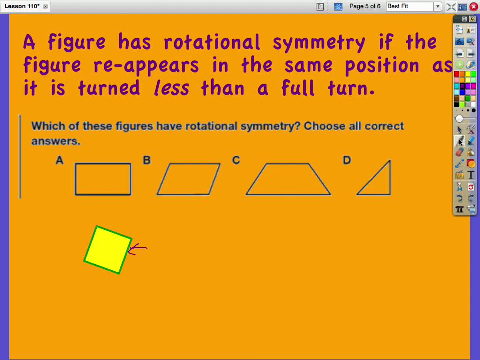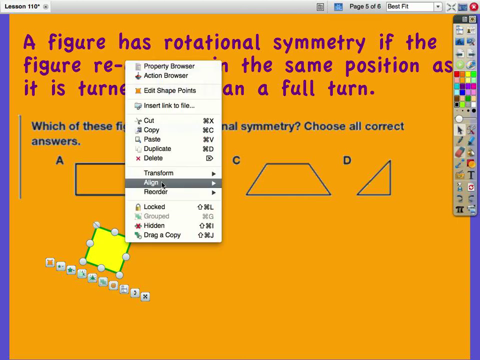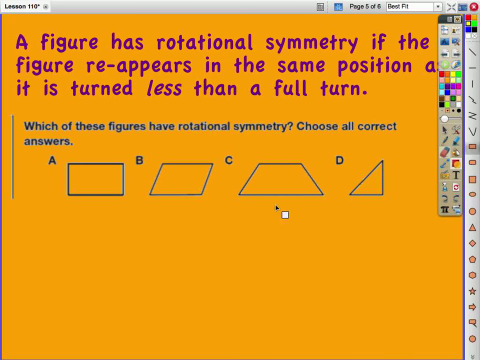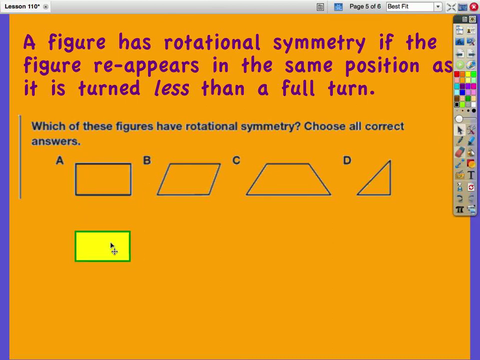With that being said, the example says, which of these figures has rotational symmetry? Choose all correct answers. So if I turn that rectangle, let me get a rectangle that looks like that one. Okay, so now I'm going to spin it.